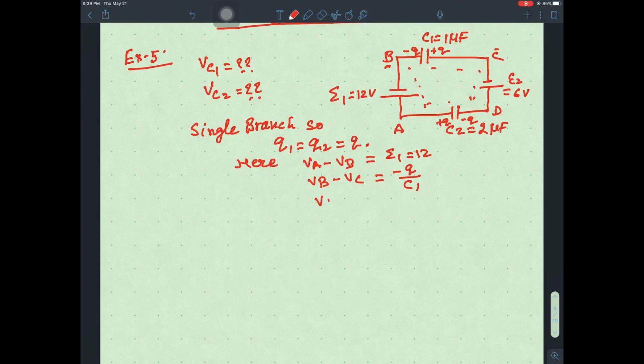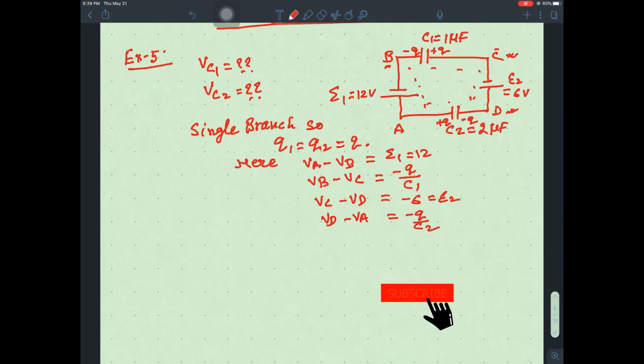Similarly VC minus VD is equal to minus 6 volt, because this C is at higher potential and D is at lower potential. This battery is stronger, so that is equal to minus 6 volt, that is your E2. And finally VD minus VA is equal to minus Q by C2.